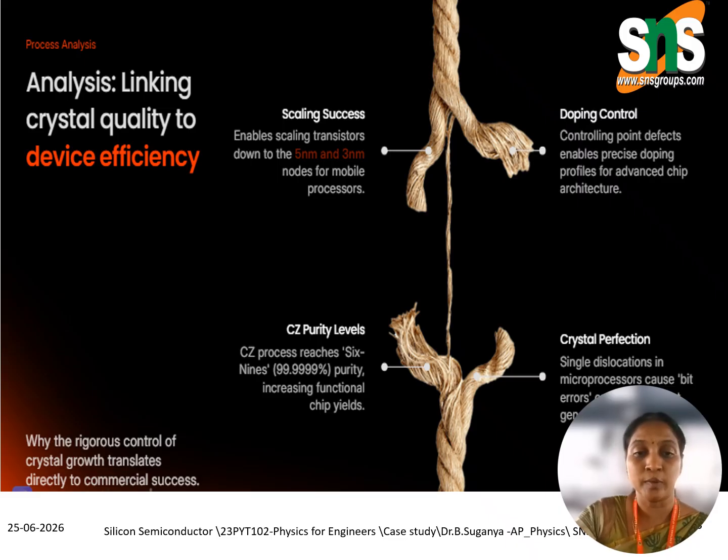And CZ purity level: the CZ process reaches 99 percent purity, increasing functional chip yields and crystal perfection. Single crystal dislocation in a microprocessor causes small bit errors, that's all.